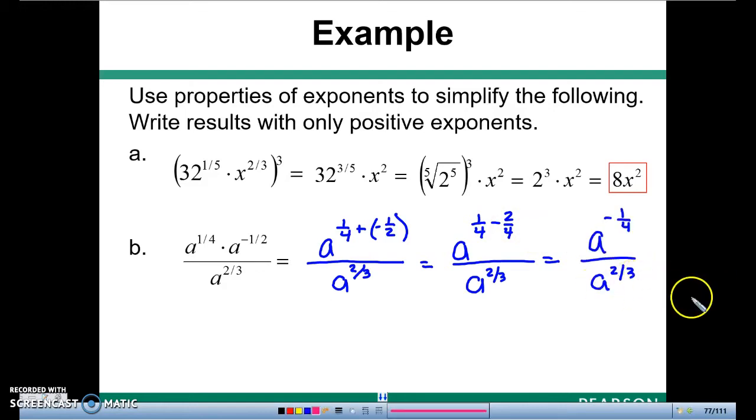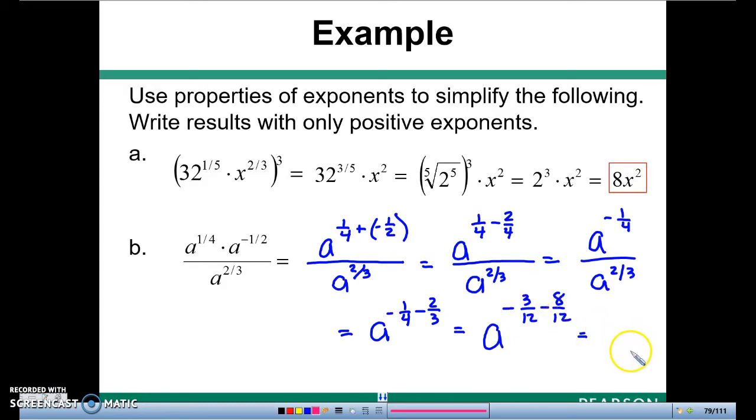Now if you remember back to CPM3, if we're dividing, which is what we're doing here, and our bases are the same, what do you do with your exponents? Yeah, you take the top exponent and subtract the bottom exponent. So we'll do that. But I can't subtract until I have common denominators. My common denominator is 12. So negative 3/12 minus 8/12, that's negative 11/12.